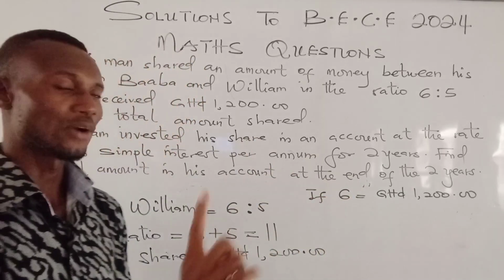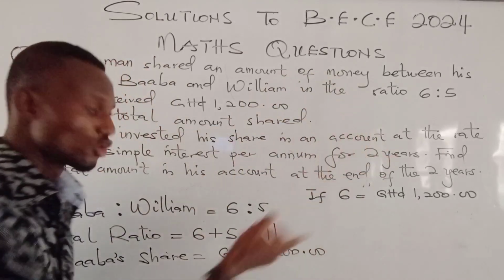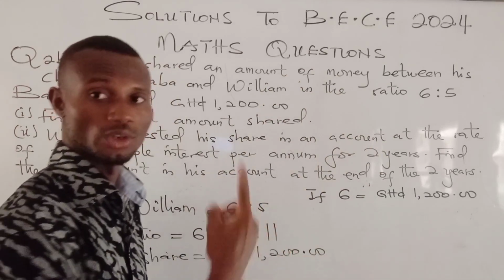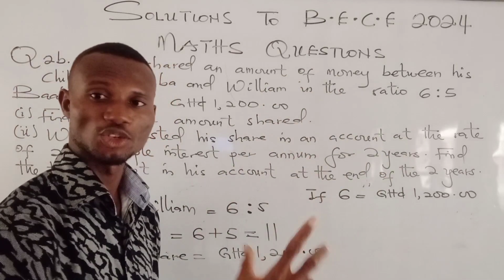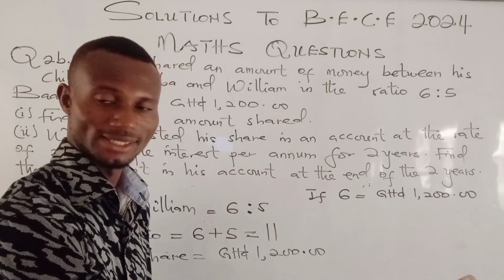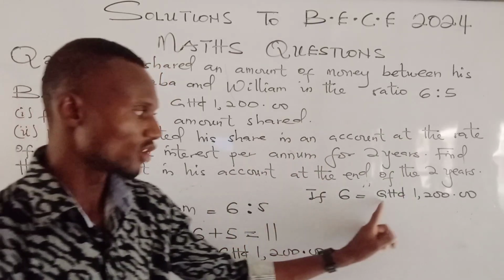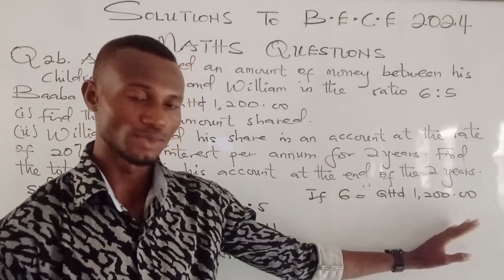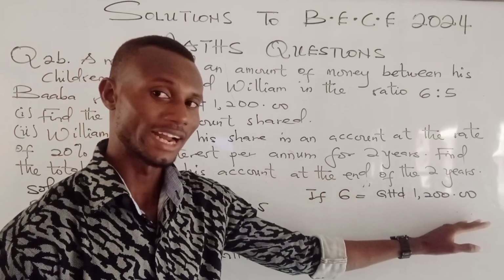So now the question is saying find the total amount which is shared. So this 11, which represents the total amount which was shared, we want to know its corresponding value, its actual value in Ghana cedis. Please do you understand? So I'm saying that if 6 equals 1,200 Ghana cedis, which I've already explained, because the 6 here, its value is the 1,200 Ghana cedis.